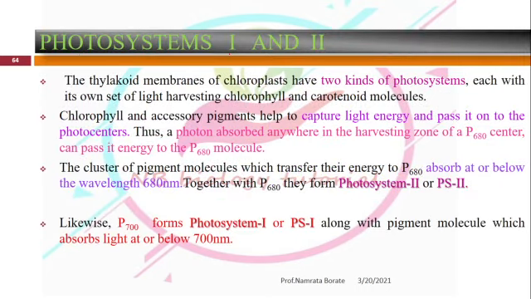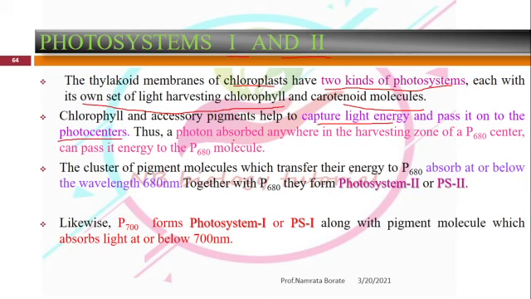Basically, photosystems are of two types: photosystem one and photosystem two. The thylakoid membrane of the chloroplast has two kinds of photosystems, each with their own set of light harvesting chlorophyll and carotenoid molecules. The chlorophyll and the accessory pigments capture the light energy and pass it to the reaction center, called the photocenter.